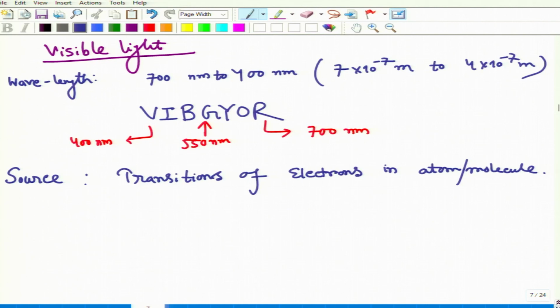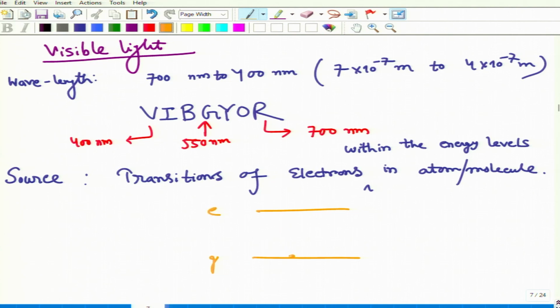Transition within the energy levels. Let's say there are two energy levels, this is the ground level and this is the excited level. If one electron is excited from the ground level to the excited state, it accepts the photon, and if it de-excites, it will emit a photon, and the wavelength of this photon remains in the range of visible light.